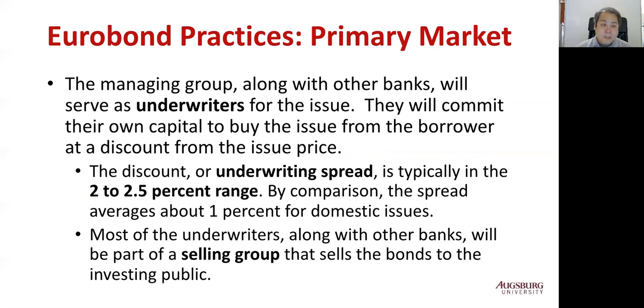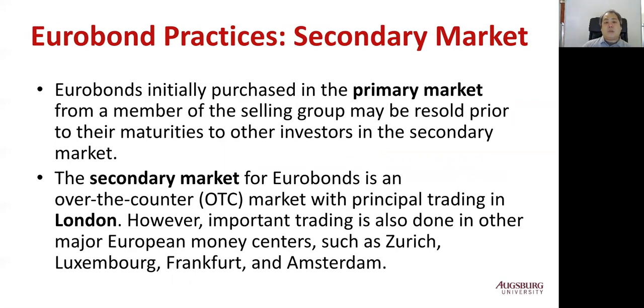Now let's look at the secondary market. So a Eurobond initially purchased in the primary market from a member of the selling group may be resold, obviously. I mean, they don't have to hold it until maturity. Before maturity, in the secondary market, there's no structural market for this.